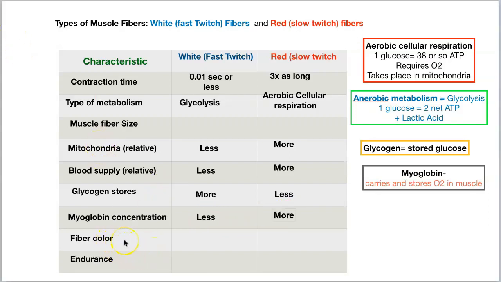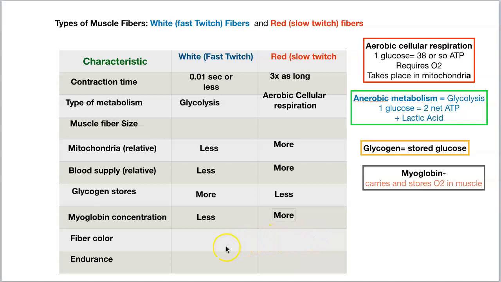Fiber color. What does the muscle look like? Well, we said the myoglobin gives our red slow twitcher muscle fibers a red coloring. So this is going to be red. When you think of your red meat, those are red slow twitch muscle fibers.